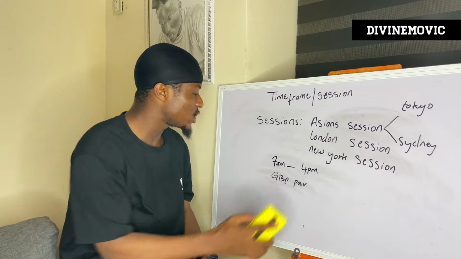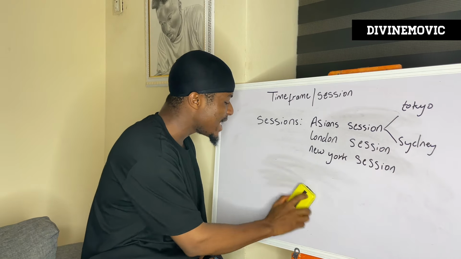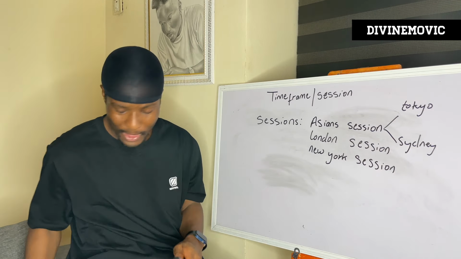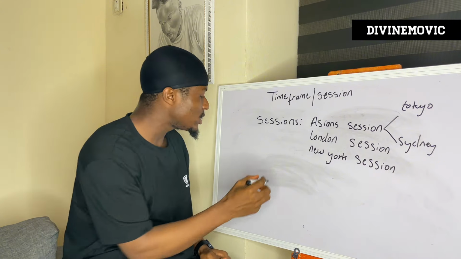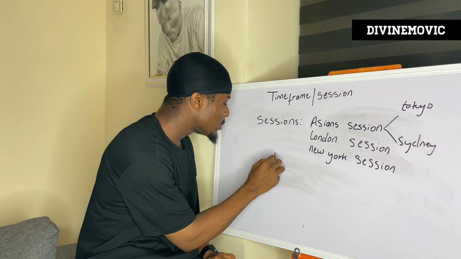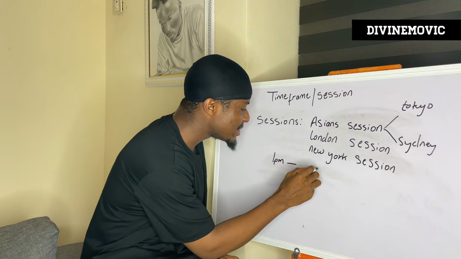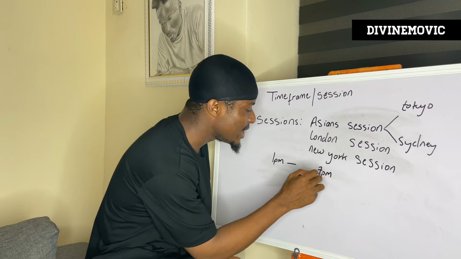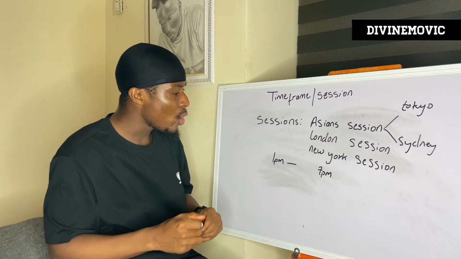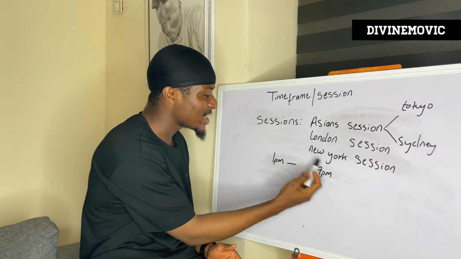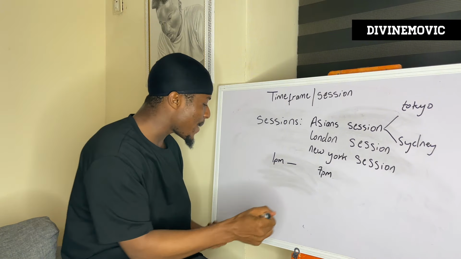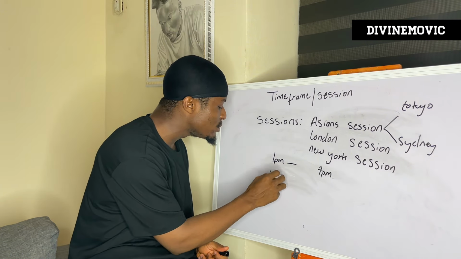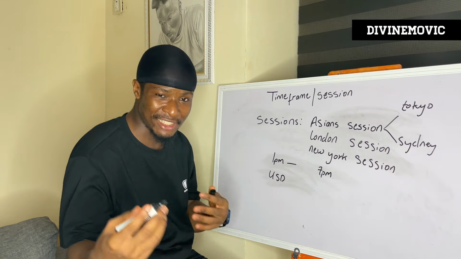Now we have the New York session. The New York session simply opens around 1 p.m. to around 7 p.m. in the evening. So during this session, pairs like the USD pairs are likely going to be moving very fast in the forex market.